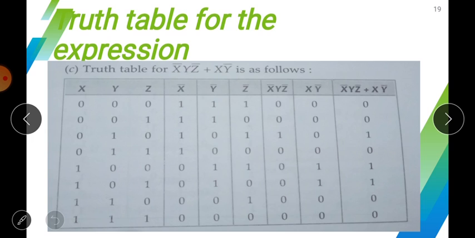In this example you can see the variables are repeated, means y comes 2 times and x comes again 2 times, but in essence the total number of variables is 3 only, that is x, y and z. So the total number of possible combinations will be 8 according to the rule, and you have to write the possible combinations of x, y, z. There are a total of 8 combinations.